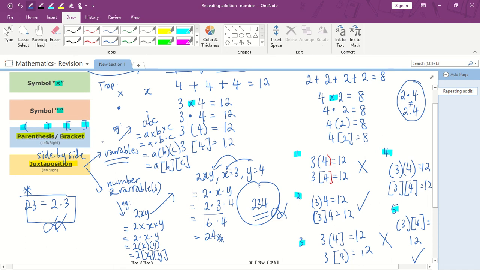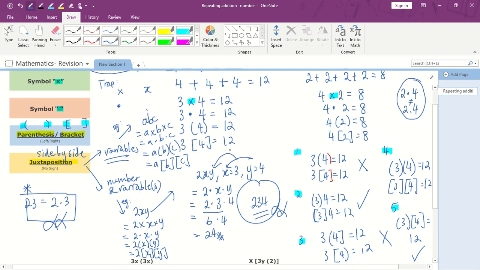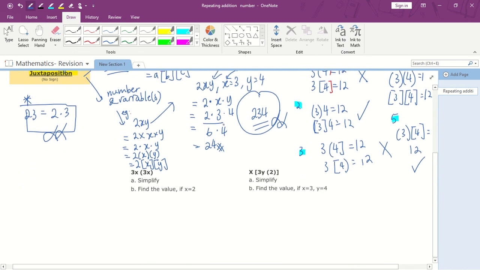Okay? So let's look at these two questions to strengthen our understanding about this topic. This question, 2x times 3x, and this question, 3x times 3x. Remember, if you look at it properly, it has 3x, 3x.